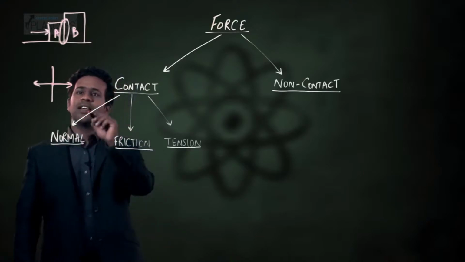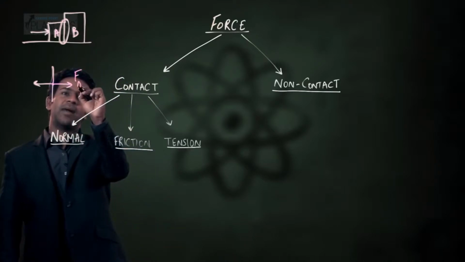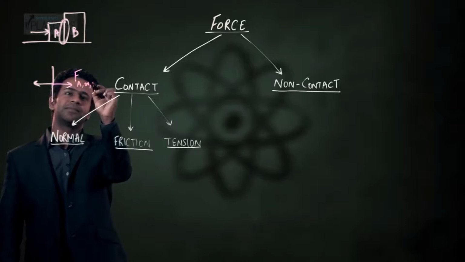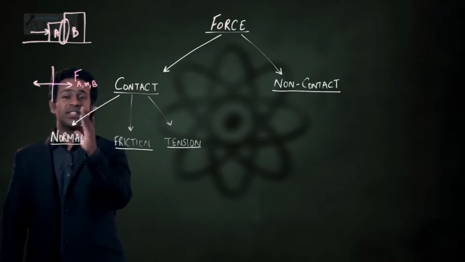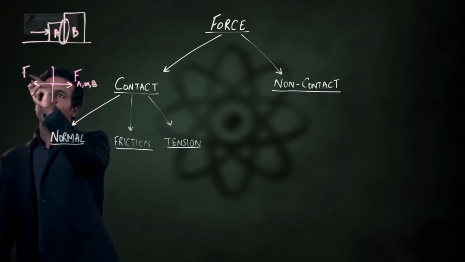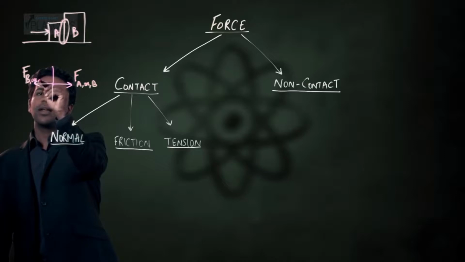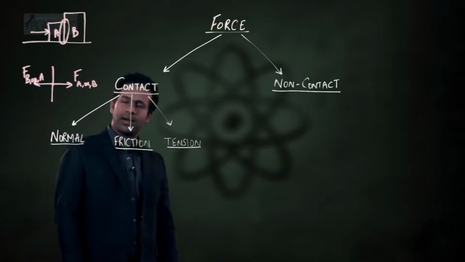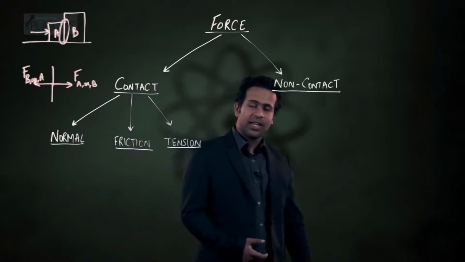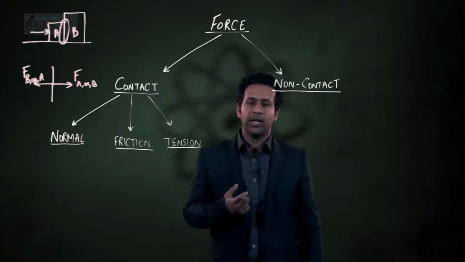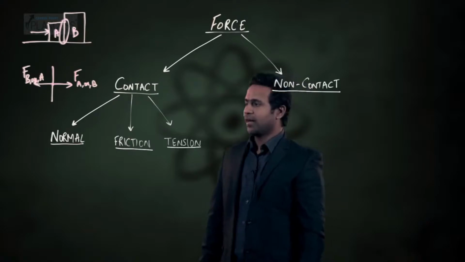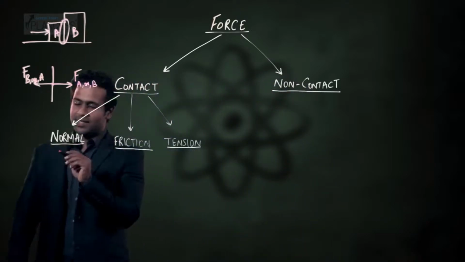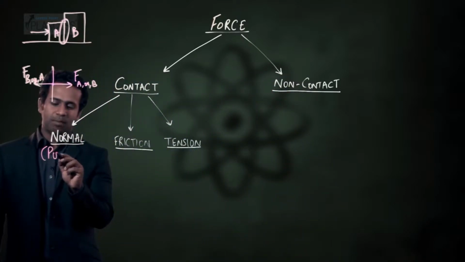So this is the force that A applied on B, and the reaction, which is equal and opposite, is the force that B applies on A. Right. So normal reaction is always perpendicular to the surface along which there is contact. Right. And normal, we had discussed, is always a pushing force.